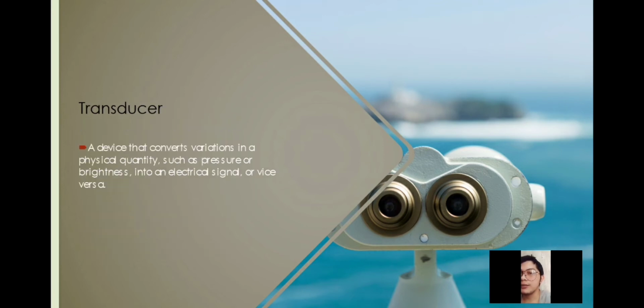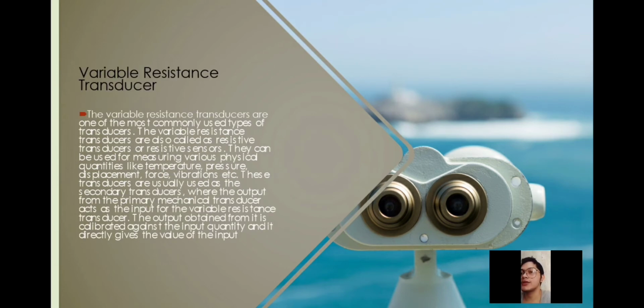Transducer: a device that converts variation in a physical quantity, such as pressure or brightness, into an electrical signal, or vice versa. Variable resistance transducers are one of the most commonly used types of transducers, also called resistive transducers or resistive sensors.